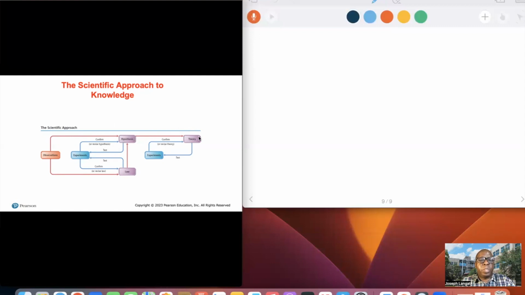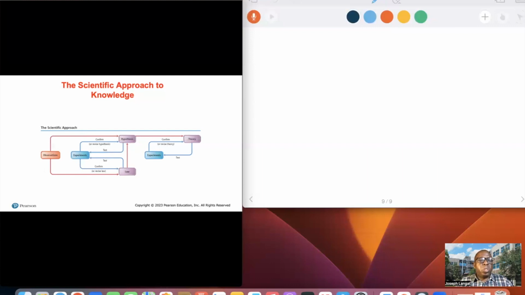If not, then more experiments can be performed by amending it, or if it confirms the hypothesis, it can become a law. I will not ask you in the exam to reproduce the diagram you see on the PowerPoint slide, but the point here is please make your own notes.